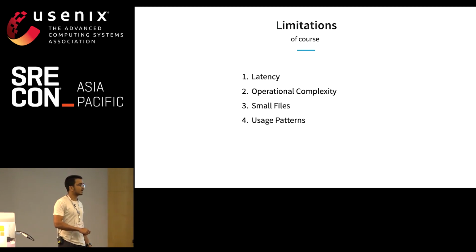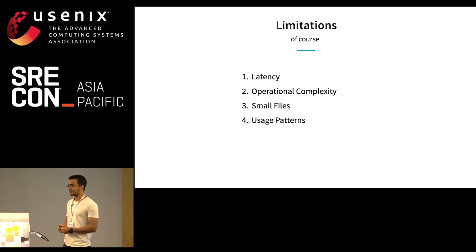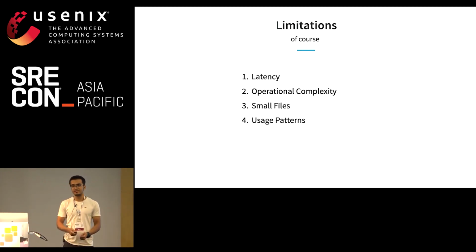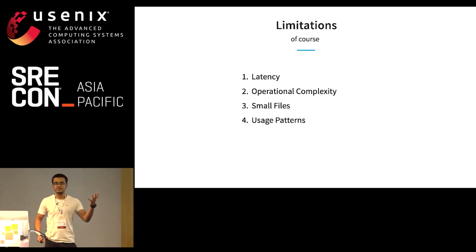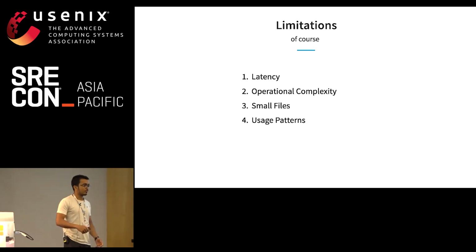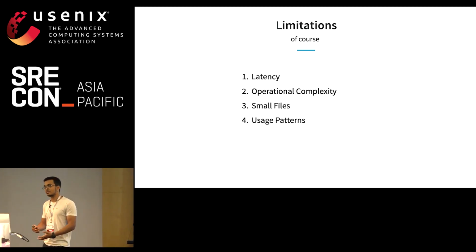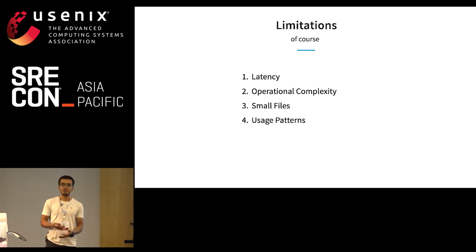And last, though it's not an exhaustive list, usage patterns. We talked about the example of LinkedIn's data set. 10 people are reading a file in parallel. In those kinds of cases, this scales well. Instead of 10, you can create 20 copies, and reads will scale as well. But if 10 people are simultaneously writing to this file, then all these distributed systems concepts kick in.